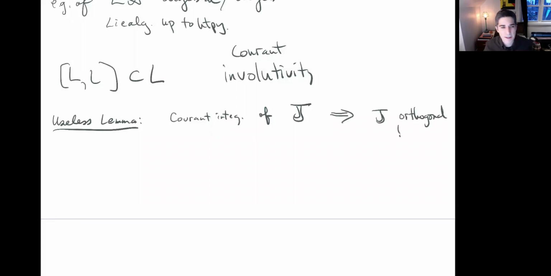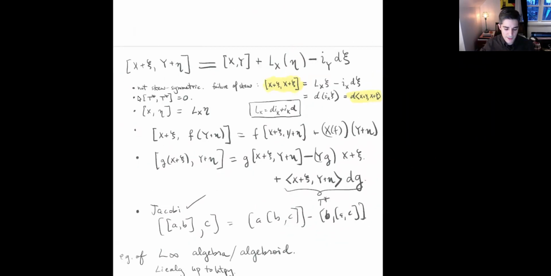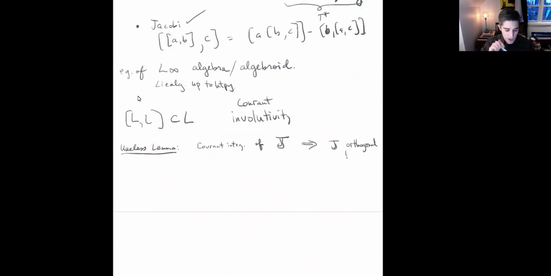It's an interesting fact, and it's not surprising because the inner product is secretly embedded into this bracket, because of these properties. Especially this one, the Courant bracket knows about this special inner product. And so just requiring that it's closed under the bracket is enough to imply that it's orthogonal.